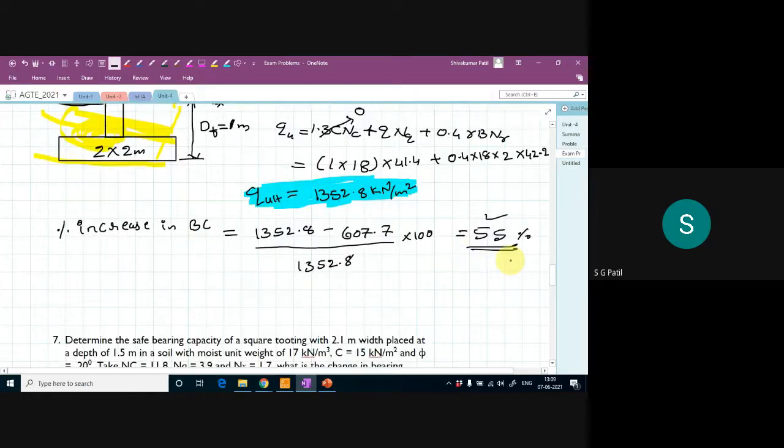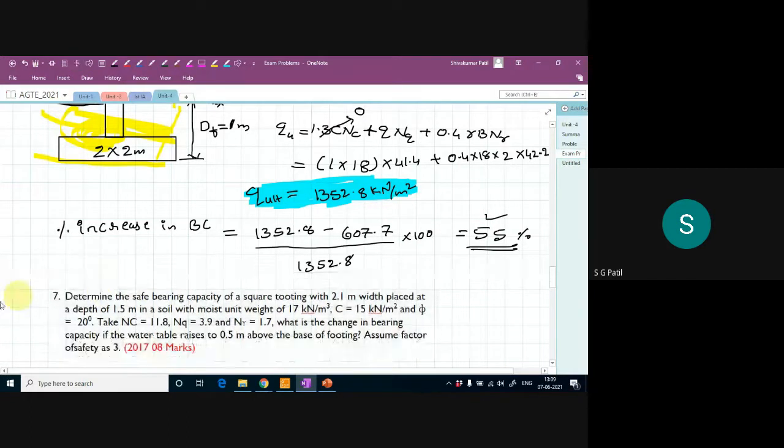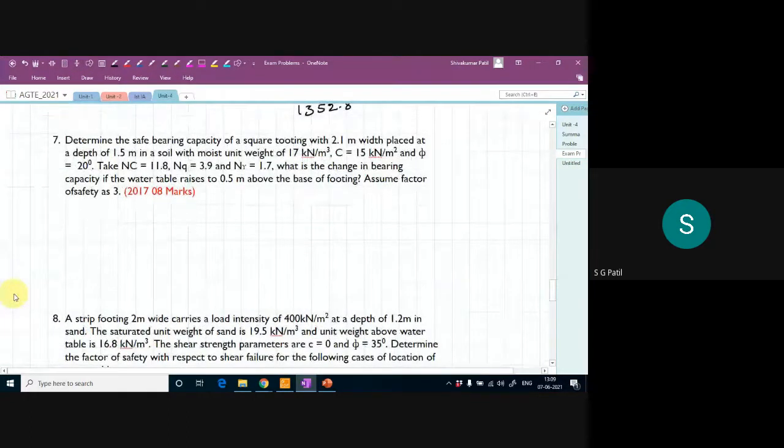Okay, so let's go to the next problem. This problem, you see, the 7th one.